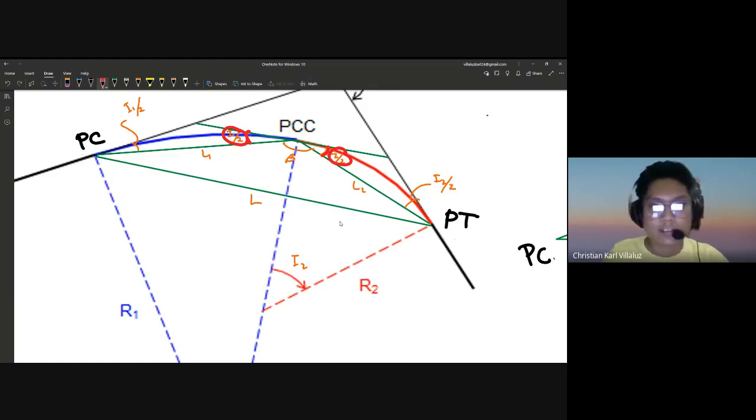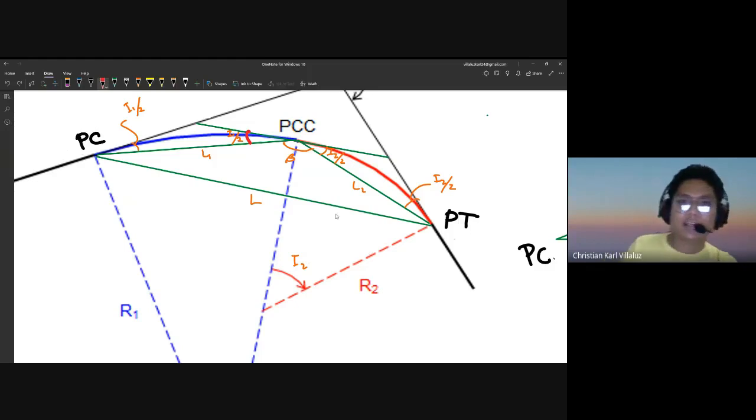Kaya, kung i-add natin ito, kasi along the common tangent, which is a straight line. So when we add the three angles, which is I1 over 2, beta, and I2 over 2, that equals 180 degrees.